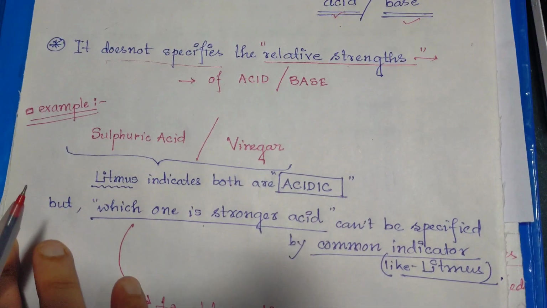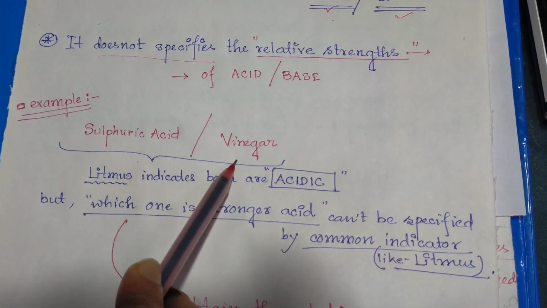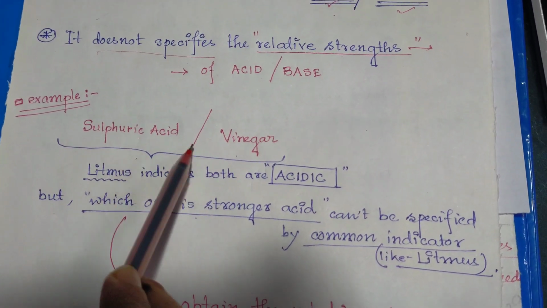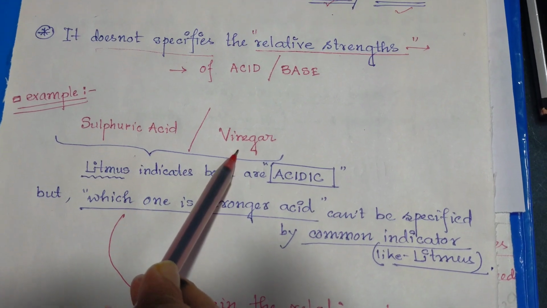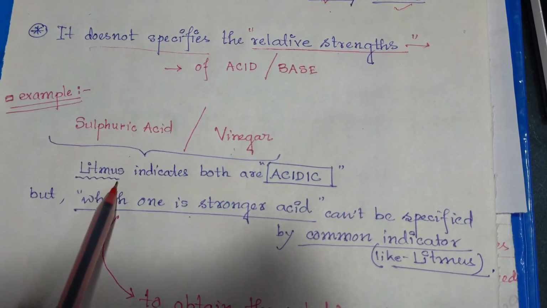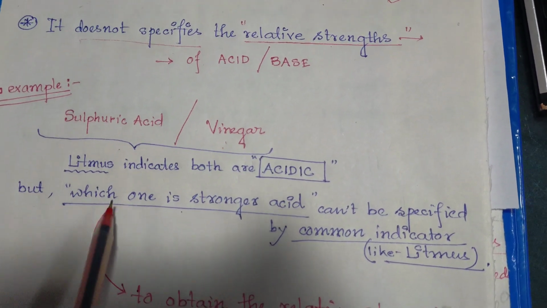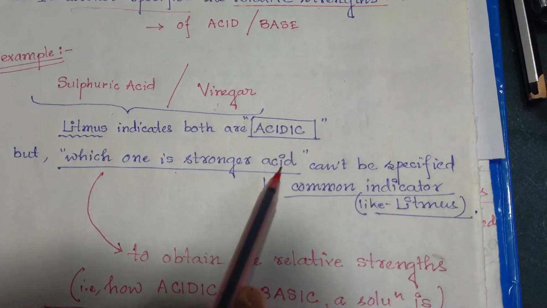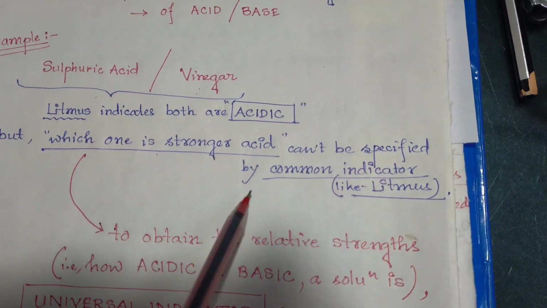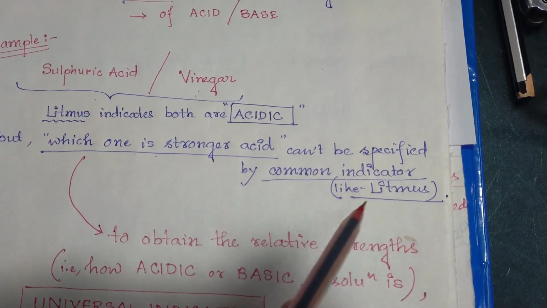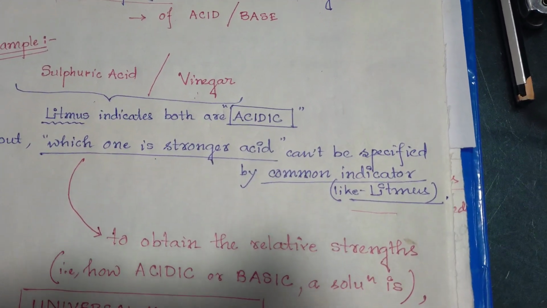For example, if we take sulfuric acid and vinegar, both of these compounds are acids. Litmus paper indicates both are acidic, but which one is the stronger acid? It cannot be specified by a common indicator like litmus paper.